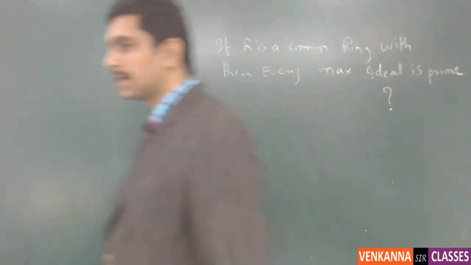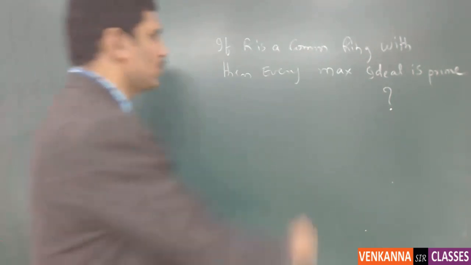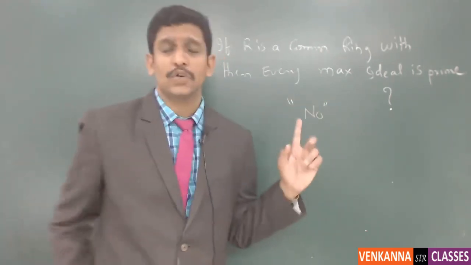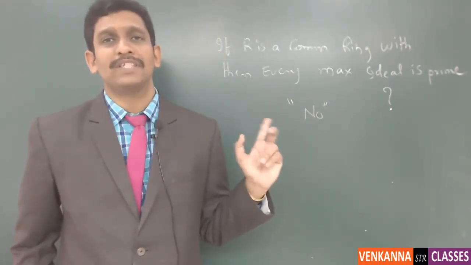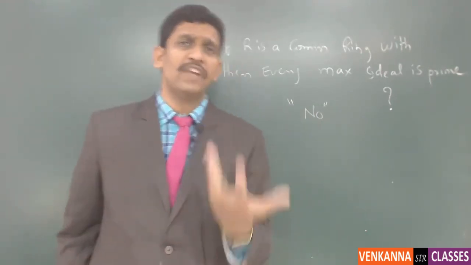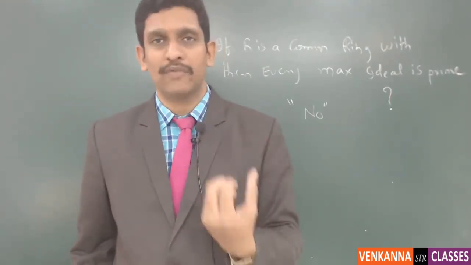There is a question mark. So I have removed the word unity there. Then the answer is no. This question is also asked in the previous year papers. If you just take a commutative ring, every maximal ideal need not be prime. You can have a counter example for it.